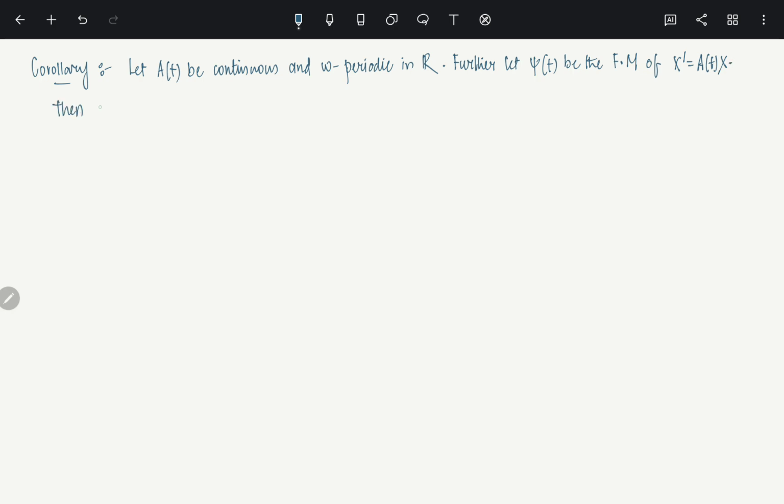Then, sorry, not p prime, this problem, x prime equals to a of t times x, has a non-trivial periodic solution.